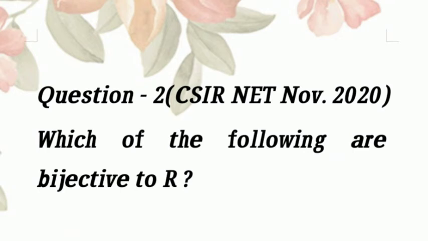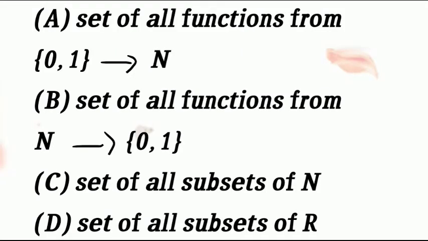The options are: option A, set of all functions from the set {0, 1} to N. Option B, set of all functions from N to the set {0, 1}. Option C, set of all subsets of N. And option D is set of all subsets of R.